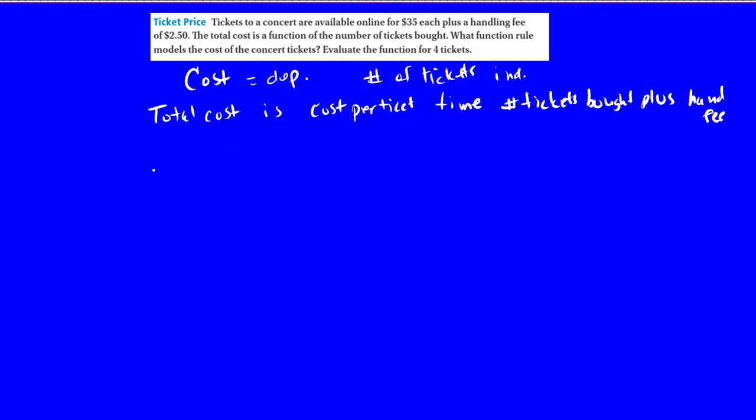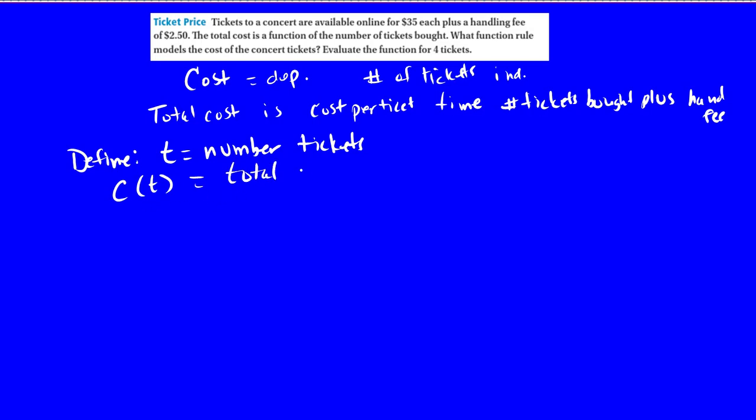So now let's define those that we just talked about. Our definition is we're going to use T as the number of tickets bought, equal number of tickets bought, right? All right, and then C of T, our cost, is going to be our total cost.